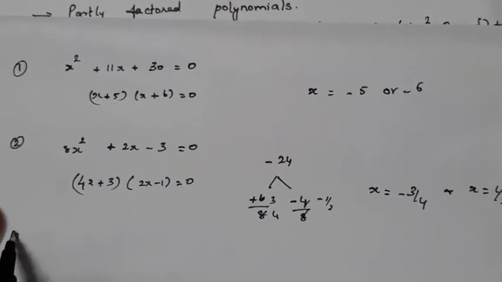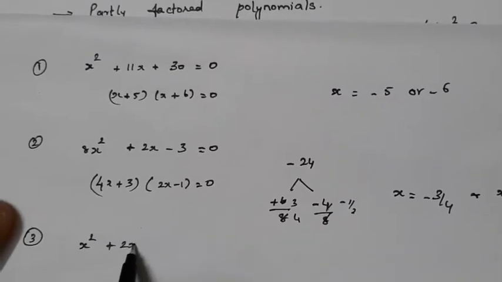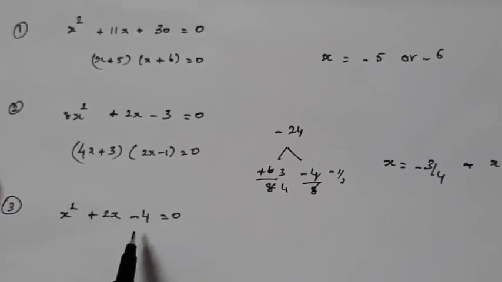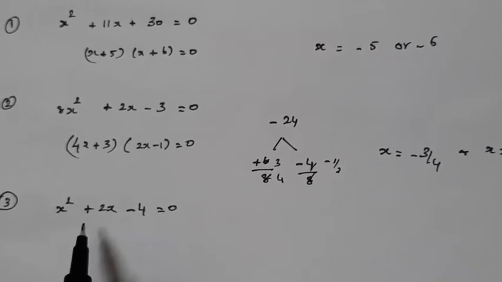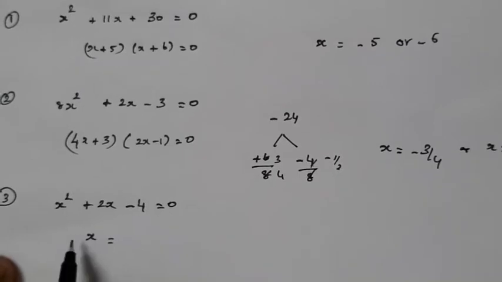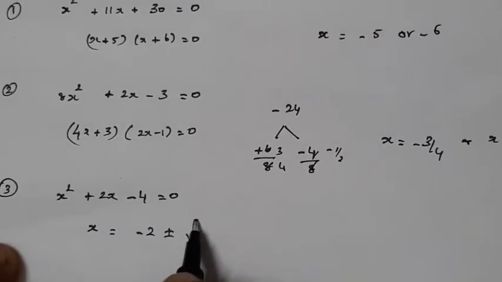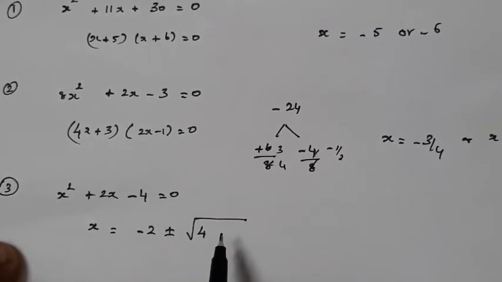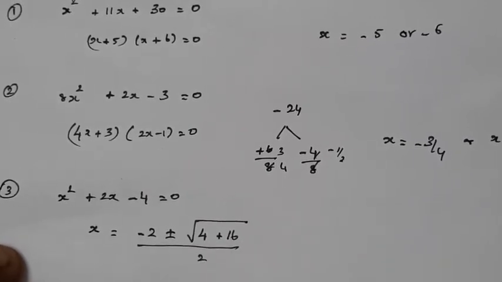Now consider another equation, that is x squared plus 2x minus 4 equal to 0. It cannot be factorized, so in order to find the solution, you have to use the formula, okay. If you use the formula method, what would be the solution for x? x is equal to minus 2 plus or minus root of b squared, that is 4, minus 4ac, so that is plus 4 into 4, 16, divided by 2, okay.